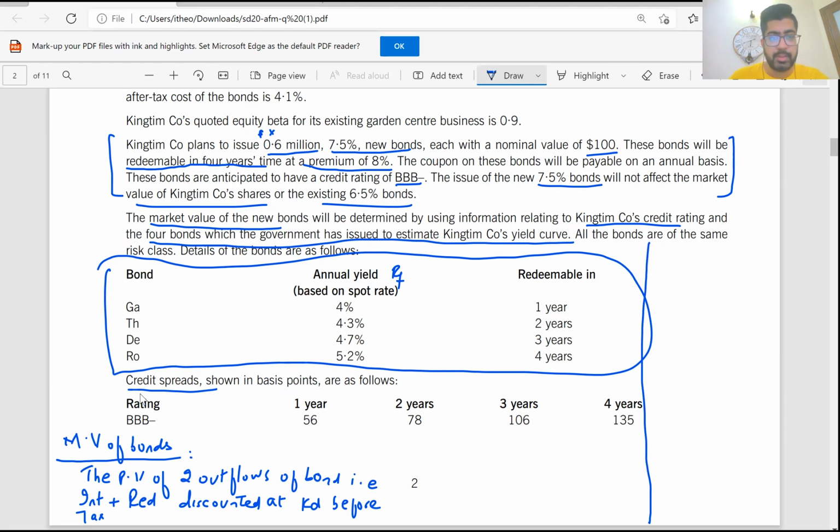So this bond is redeemable in 4 years' time. So 1, 2, 3, and 4. It will run for 4 years.